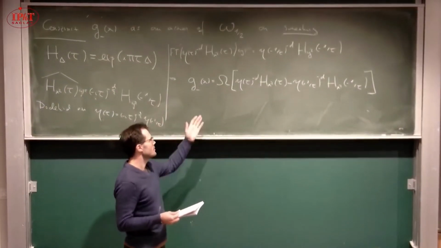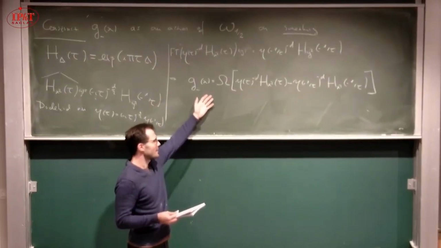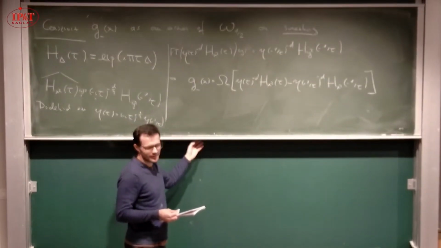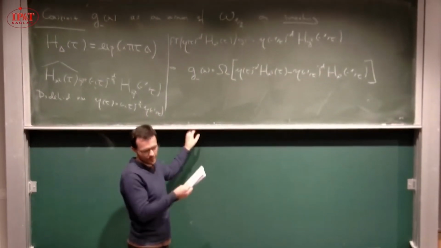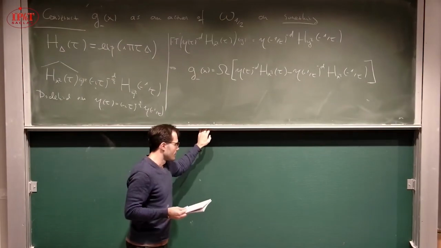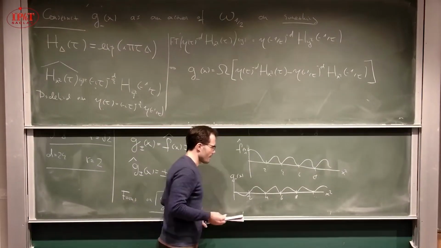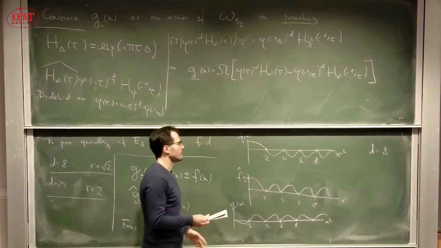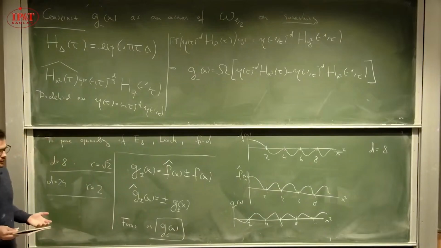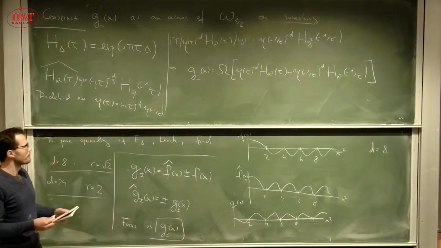But we still need to find omega, and the claim is that the big omega is basically the little omega from the previous lecture. But remember that little omega was acting on functions of z.